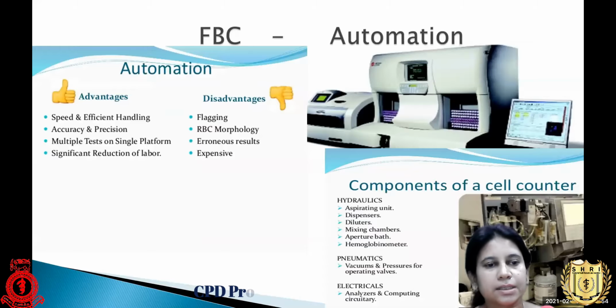So in automation, there are advantages as well as disadvantages. Advantages: accuracy, precision, and a very quick report from the machine. Disadvantages: the commonest is sampling error, which cannot be detected by the machine.